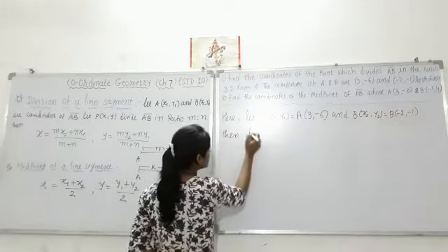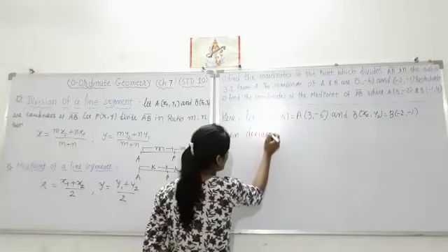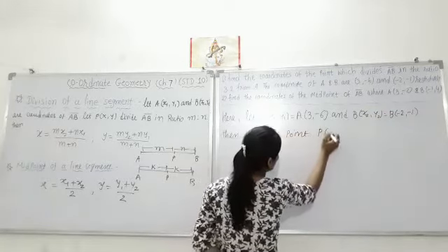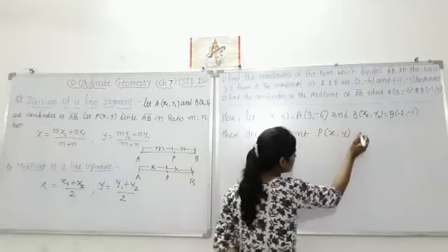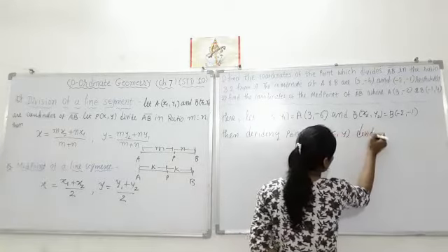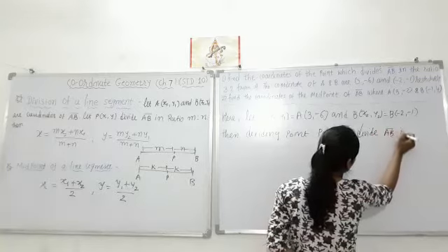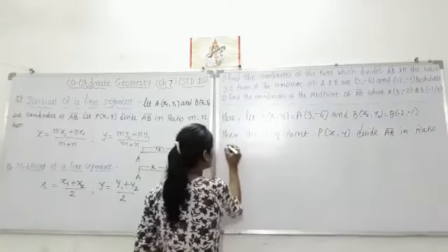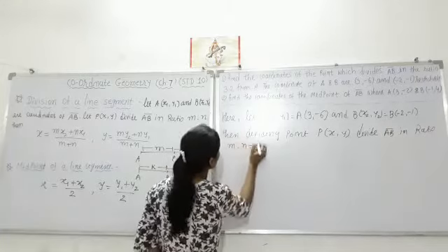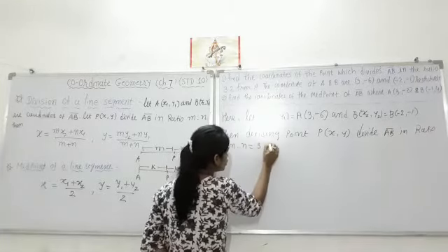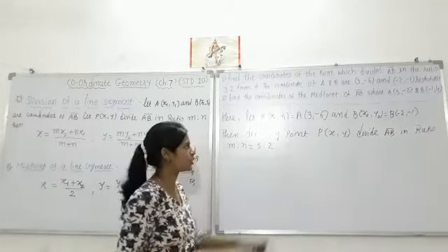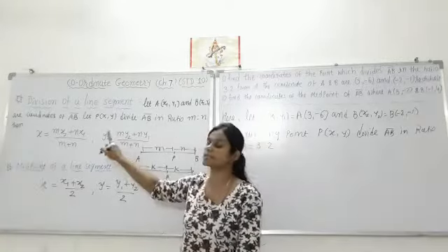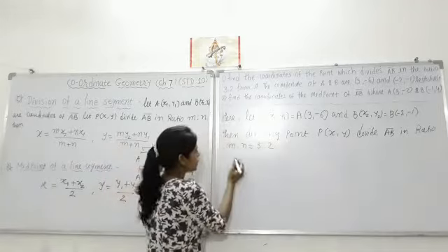Then the dividing point P of x, y divides line segment AB in the ratio m:n equal to 3:2. Now you want to find this dividing point's x coordinate and y coordinate by this formula, so you should write it here.